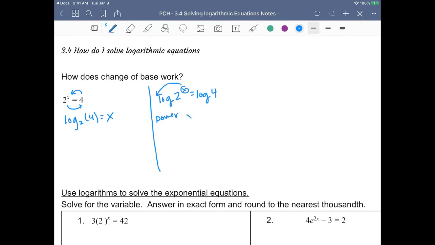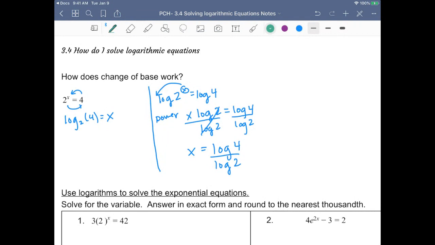So I get x log base 10 of 2 is equal to log base 10 of 4. Get x by itself by dividing both sides by log 2. That cancels, and I get x is equal to log of 4 over the log of 2.